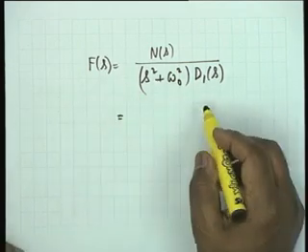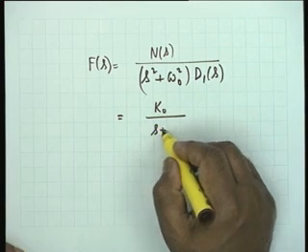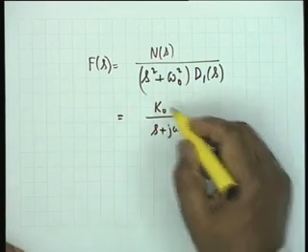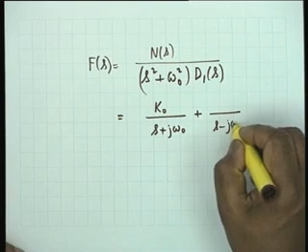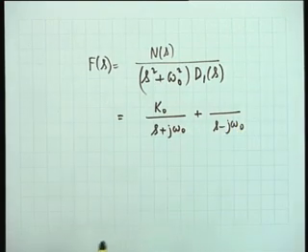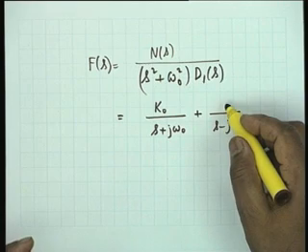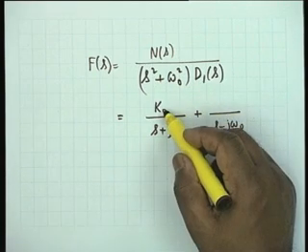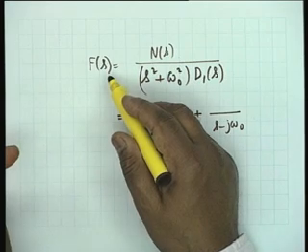We have assumed the existence of a pair of poles at plus minus j omega naught. Therefore, I can expand this in this form, k0 divided by s plus j omega naught, one of the poles, plus k0 star divided by s minus j omega naught, and from the discussion that I held yesterday, the residue here, the constant here, must be the complex conjugate of this constant. Why? Because the function is a real function.